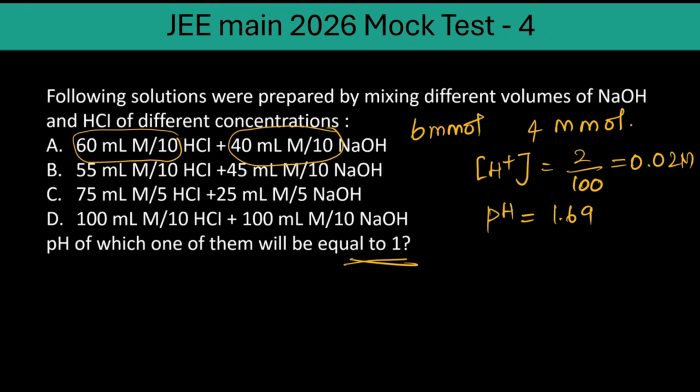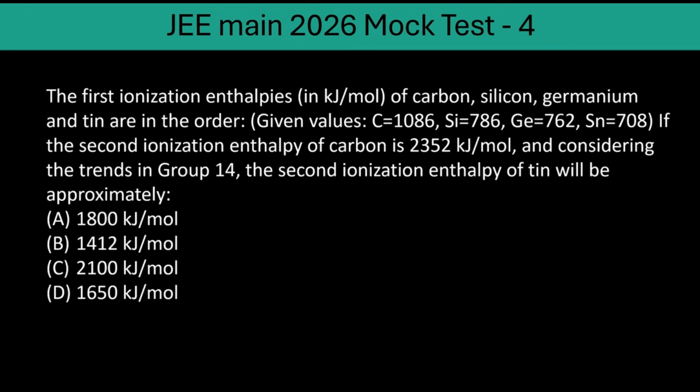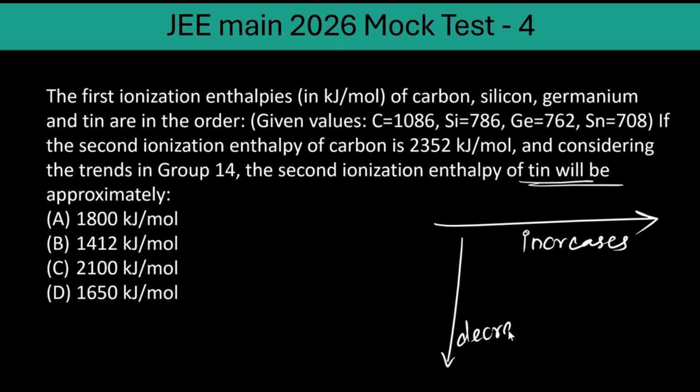Let me know. The first ionization enthalpy of carbon, silicon, germanium and tin are in the order they have given. If the second ionization enthalpy of carbon is this much, and considering the trends in group 14, the second ionization enthalpy of tin will be. Okay, so we know that ionization enthalpy increases on moving left to right and decreases on moving from top to bottom.